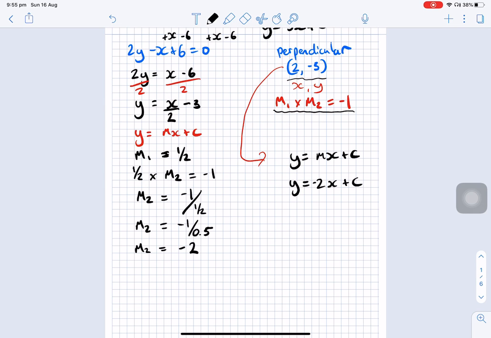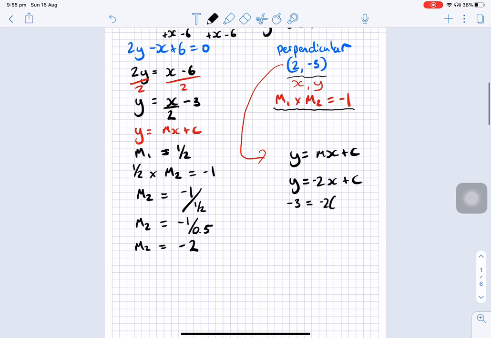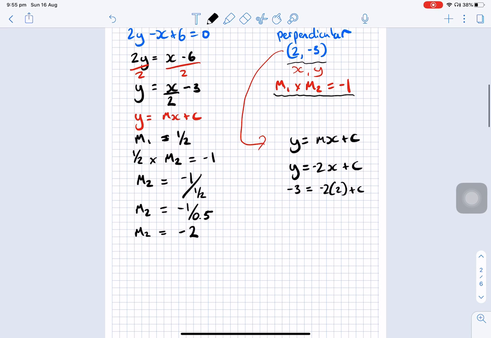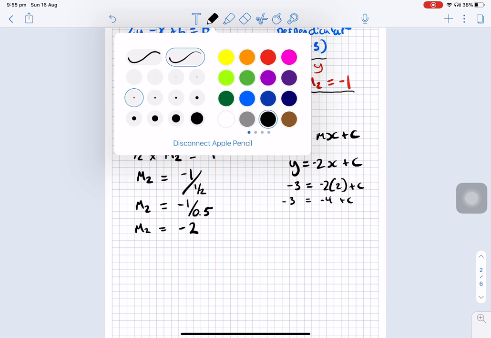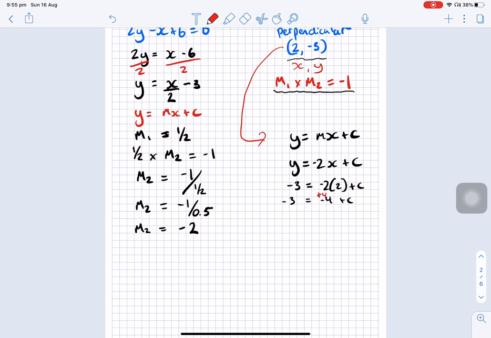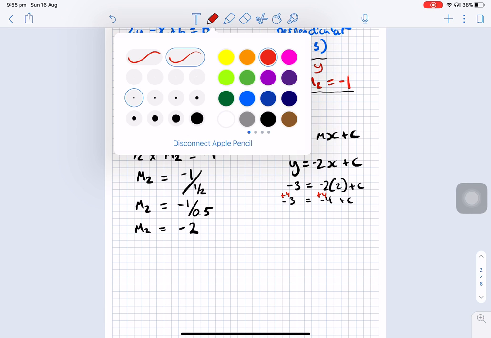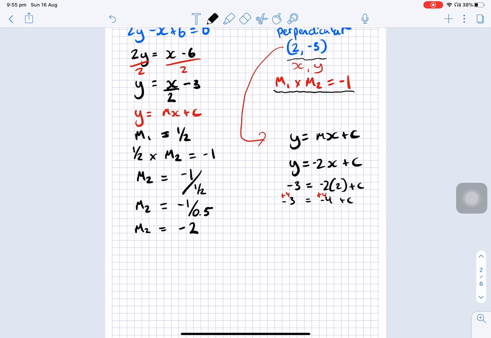So our y value of negative 3 equals negative 2 times 2 plus c. So negative 3 equals negative 4 plus c. Plus 4 to both sides, and that will give us 1 equals c.